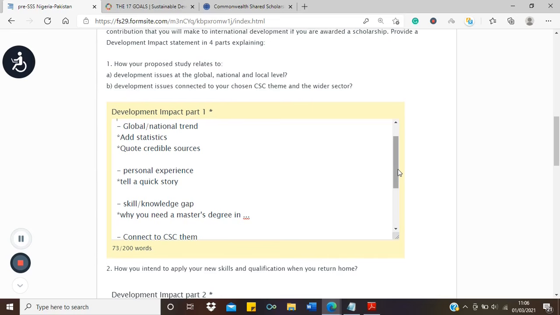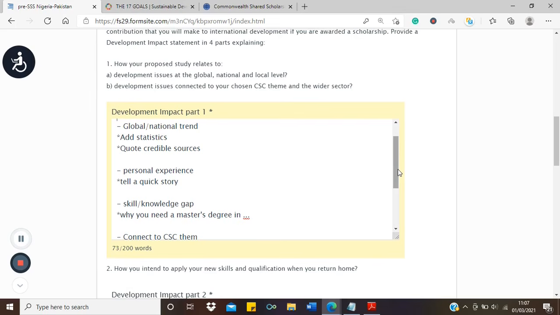And that is why you need a master's degree in things like environmental engineering, in sustainable environmental development, in things like this that relate closely to the issue you've raised initially. So you need a master's degree in this area to help you solve this national problem, so that your country will be positioned to achieving this global development goal of clean environment, clean water, biodiversity, helping the livelihoods of people.